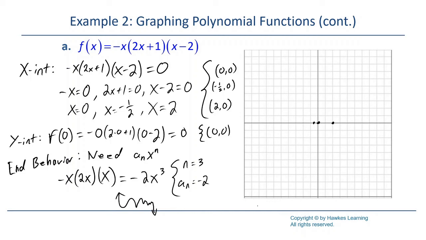So the main thing I know is that it's going to have to rise to the left and fall to the right. So in order for that to occur, I've got to do something like this. And then this is going to do something like this. Again, I'm just sketching it. I don't have a full-on idea of what it's going to look like, but there's just a good sketch.